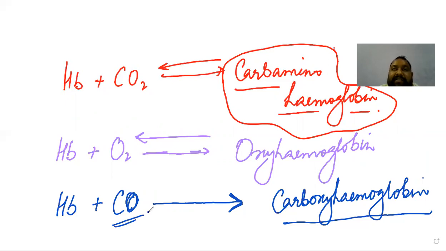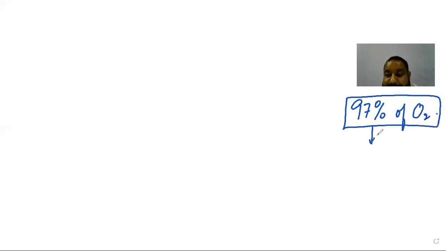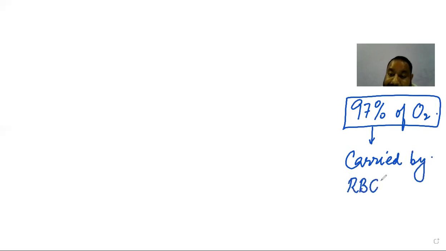Now, the major function of hemoglobin is to carry oxygen. Almost 97% of the total oxygen in the blood is carried by the RBCs, and only 3% is present in the blood plasma.